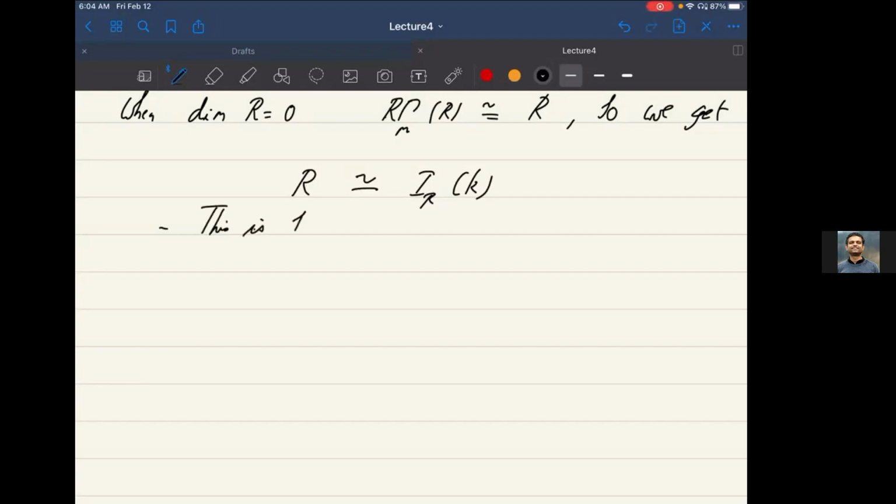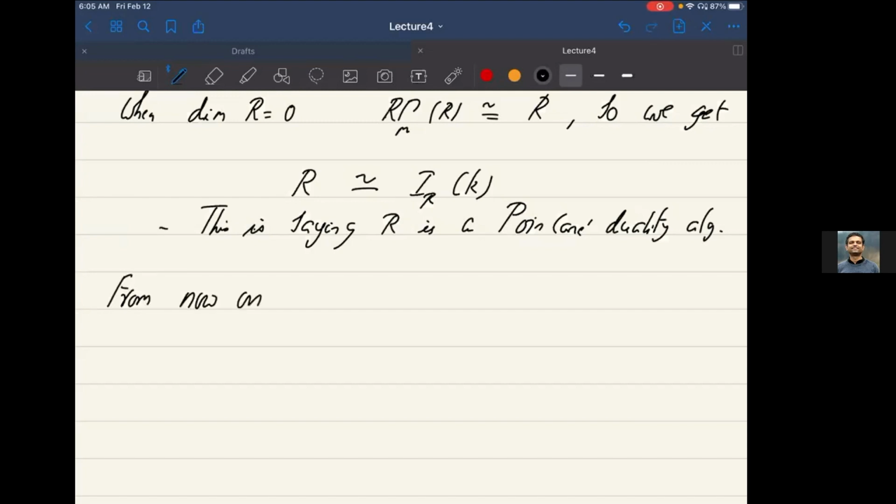This is saying R is a Poincaré duality algebra. To make this more explicit, from now on, let me assume that R is what is called a supplemented k-algebra.